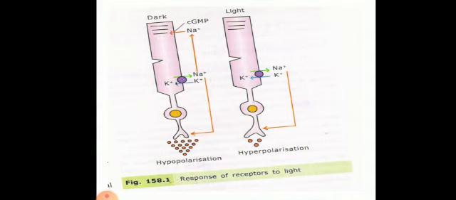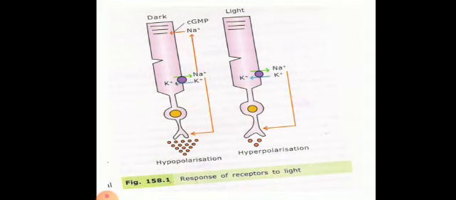Now look at the next picture. When there is a persistent release of glutamate at the synaptic knobs of the rods, causing persistent hypopolarization of the bipolar cells, and the bipolar cells are continuously hypopolarized, this will inactivate the retinal cells.